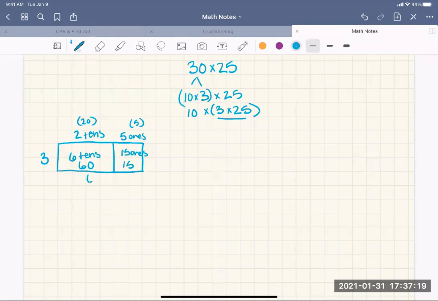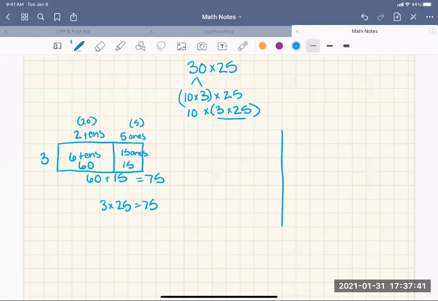So if we add our 60 plus 15 together, we end up with 75 as our answer to 3 times 25. So 3 times 25 is equal to 75. So now I want to look at it as a multiple of 10 and look at 30.